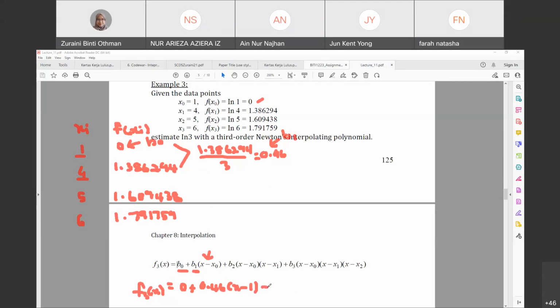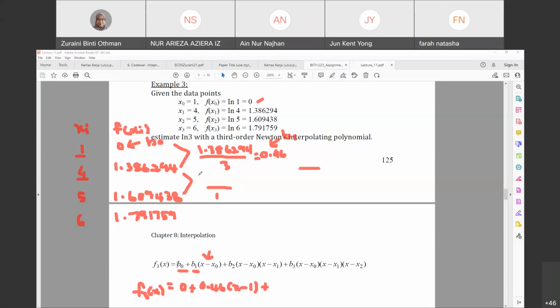Okay. Then, what is B2? B2 is something here. But in order to get B2, you have to calculate this gradient. This gradient apa? 1.609438 tolak 1.386294 bahagi 5 tolak 4. Dapat berapa tu?